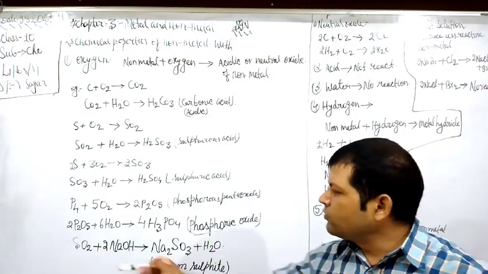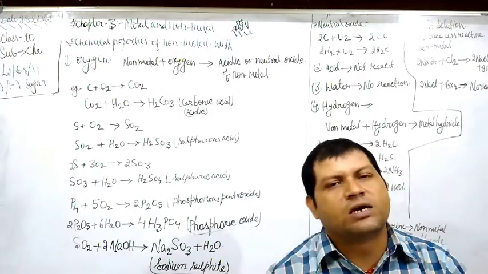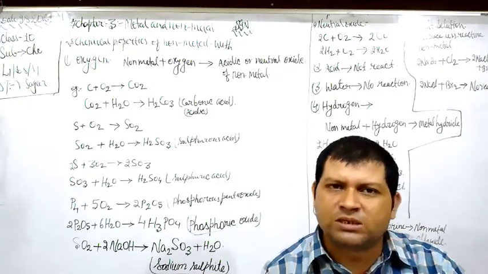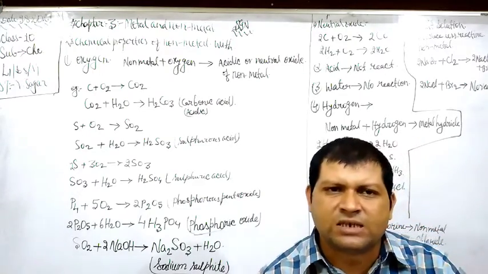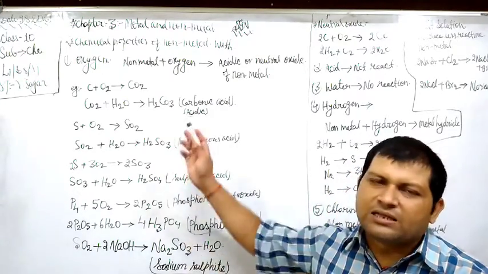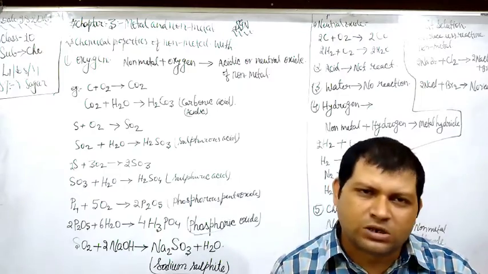As for example, when sulfur dioxide reacts with sodium hydroxide, then the formation of sodium sulfite takes place, which is a salt. So these are the reactions of nonmetals with oxygen.